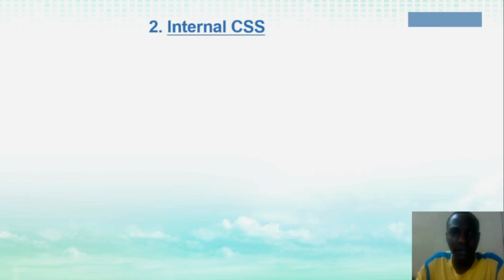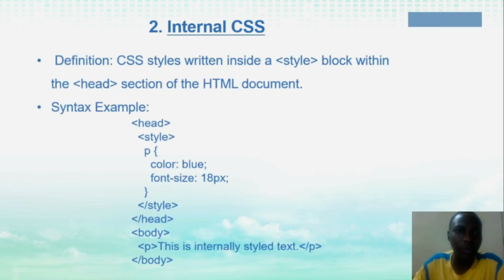Now moving on, let's see the second one, the internal CSS, which we've seen in the activity. By definition, internal CSS is CSS style written inside a style block within the head section of the HTML document. So we can put the various styles within the head section of your HTML document.